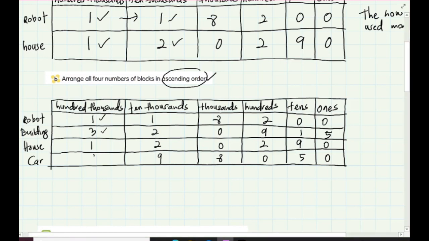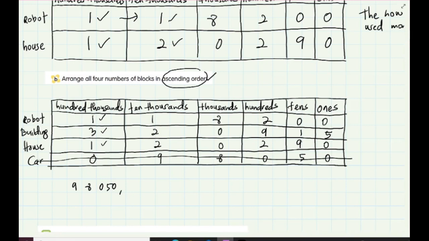Building 300,000, house 100,000, but car there is 0 here. So now you can find out that the number of blocks for car is the smallest amount. Okay, so write down 98,050. So we can cancel here. Okay, for easy for us to look for the number, to compare the number.